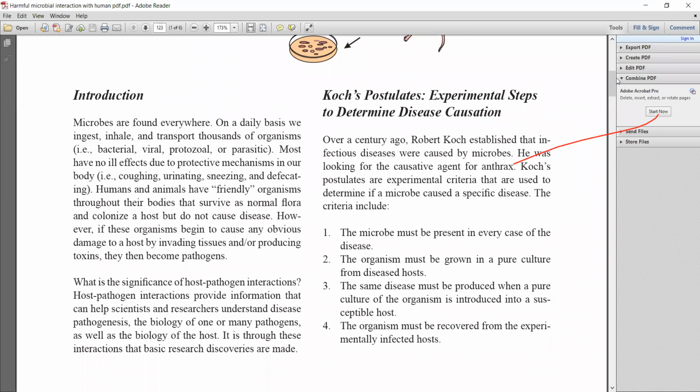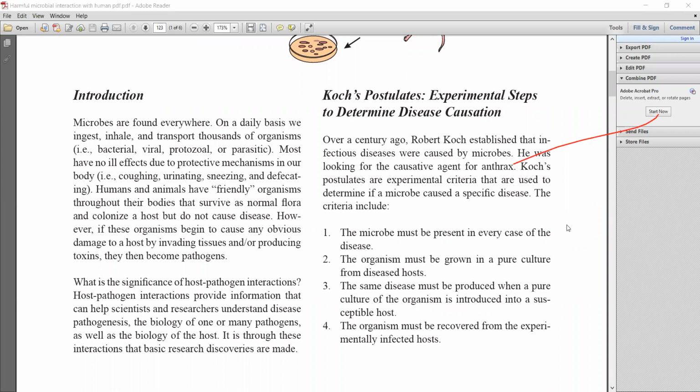However, if these organisms begin to cause any obvious damage to a host by invading tissues or producing toxins, then they become pathogens. So this is the difference between a pathogen and a normal flora. A normal flora, when it's in a body, will not cause any harmful effect on our body because that is its home. And we also have our own immune system that helps to fight against any kind of infection that may arise in our body.